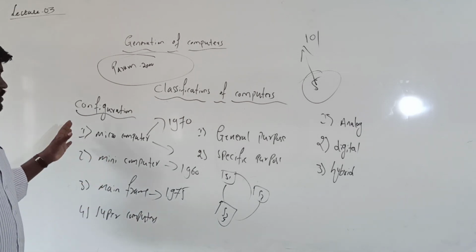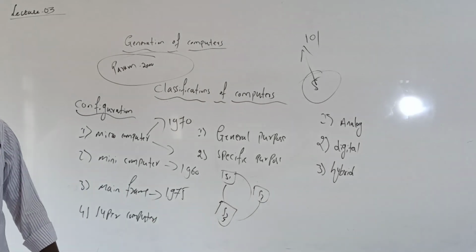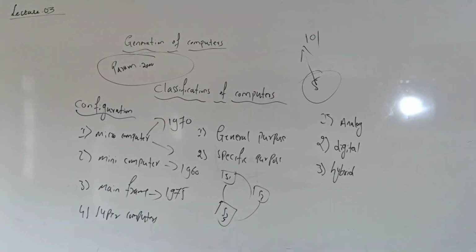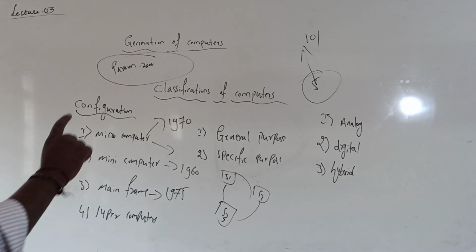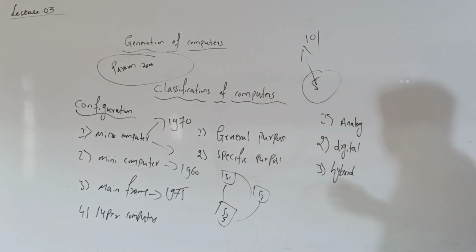So this is completely about the classification of computers. Generally, classification of computers means general purpose and specific purpose. Based on the operations, there are three types: analog, digital and hybrid.